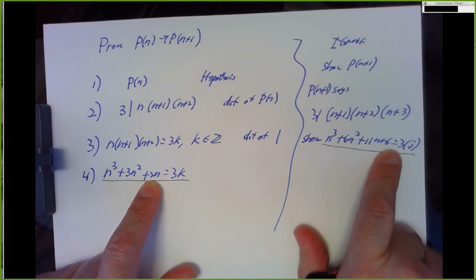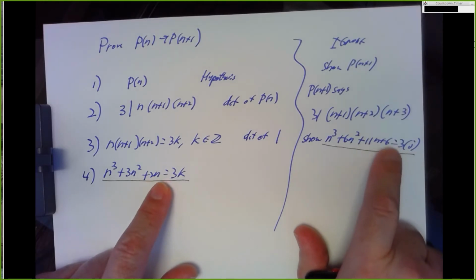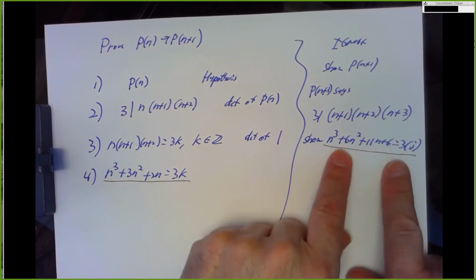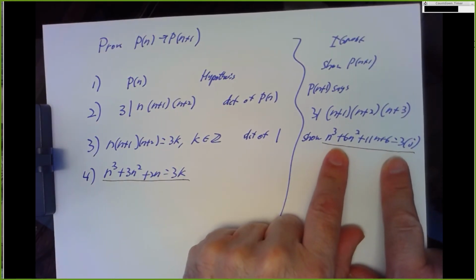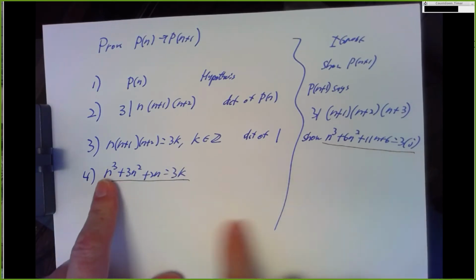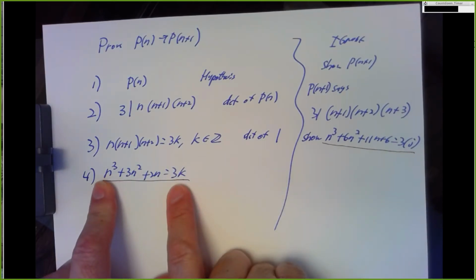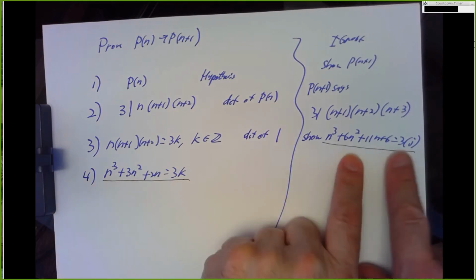And over here I've got a 6. I don't have a constant here, but guess what? 6 is divisible by 3. So the difference between this and this is feeling like maybe that difference is a multiple of 3. Right? Take this thing, add 3n squared, add 9n, add 6, and you're going to get this.